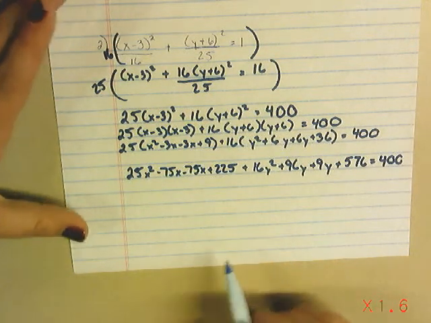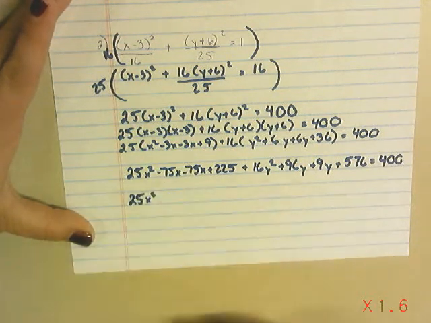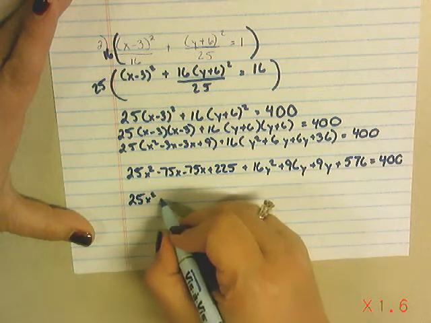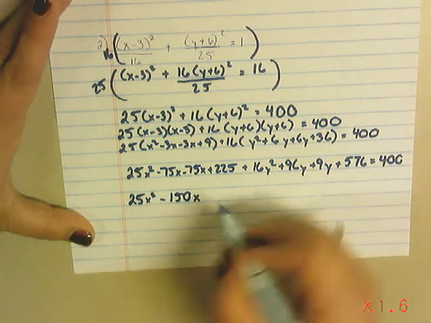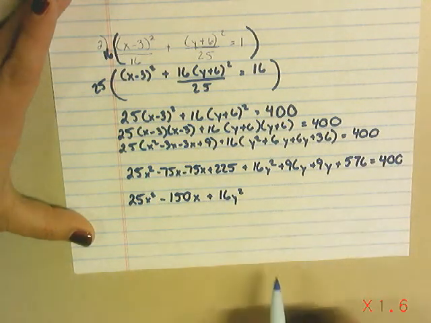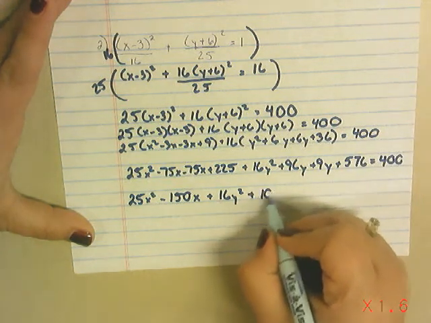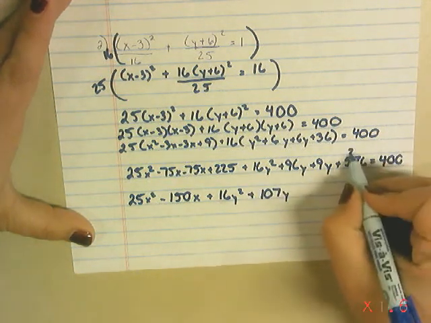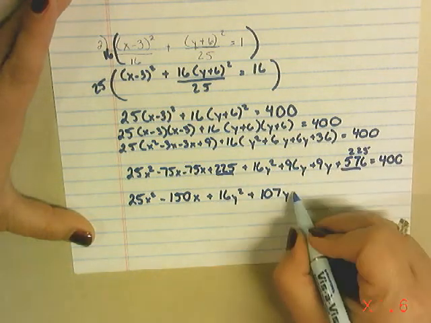Now I just need to combine all my like terms. So the x squared doesn't have a like term. 75 and 75 is 150. I'm going to save him for back here. The 16y squared doesn't have a like term. 96 and 96 is 192, plus 107... I've got my 225 from up here that I'm going to put with my 576 from back here.